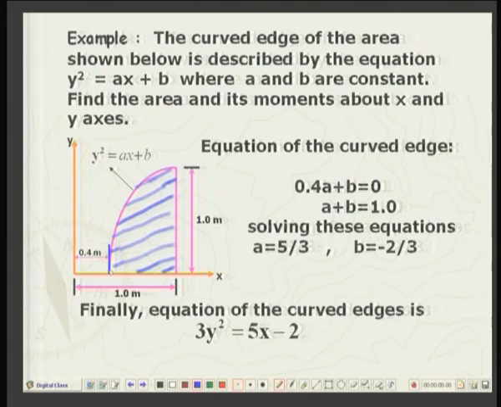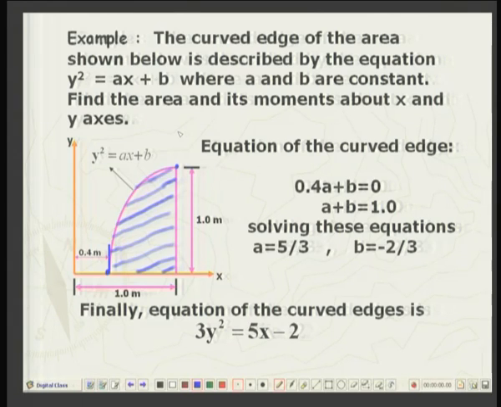So, these two points are given on this curve. The curved edge of the area shown below is described by the equation, where a and b are constants. Find the area and its moments about the x and y axis. That is what we have to determine.